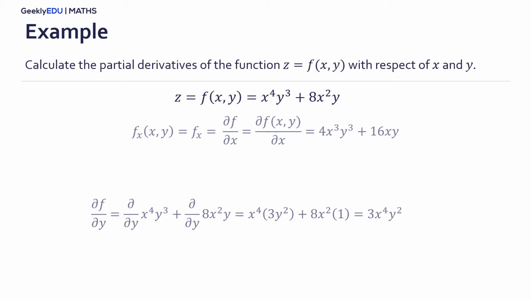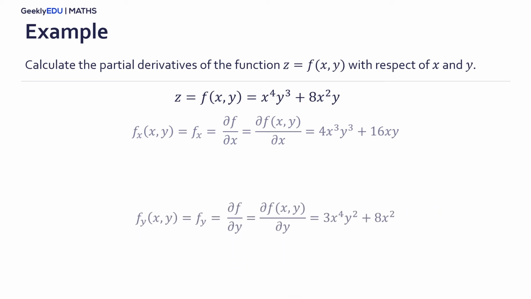And finally, simplifying. Now, the notation changes because we derivate with respect to y. And this is how we get the two partial derivatives of the function z.